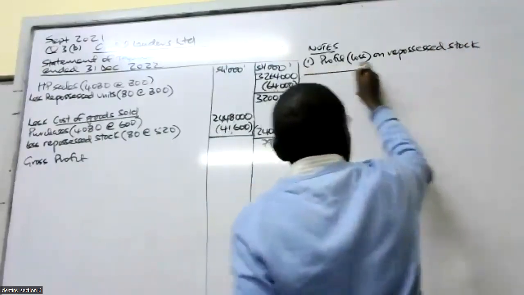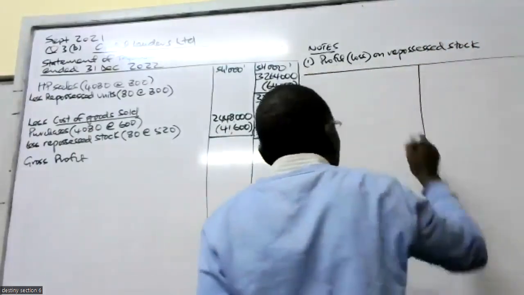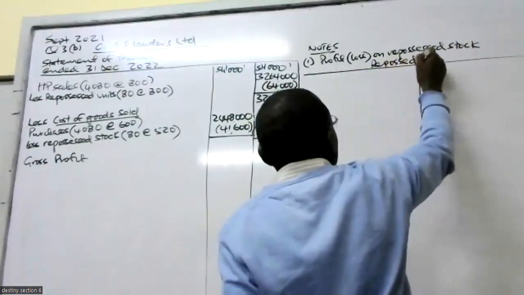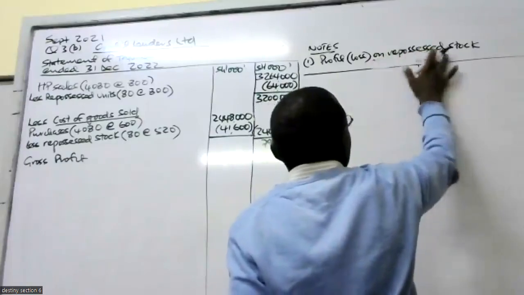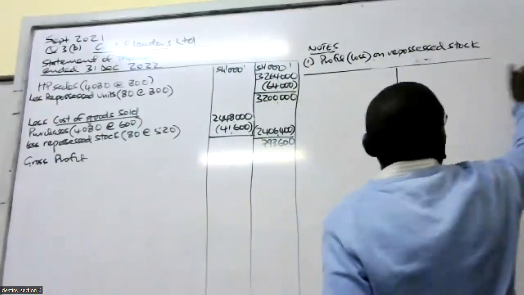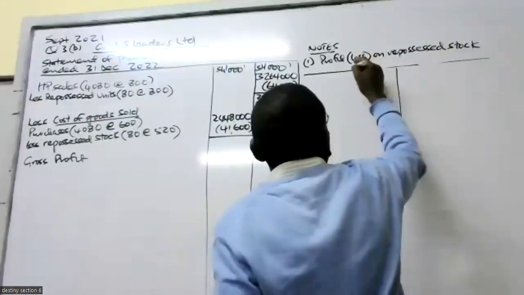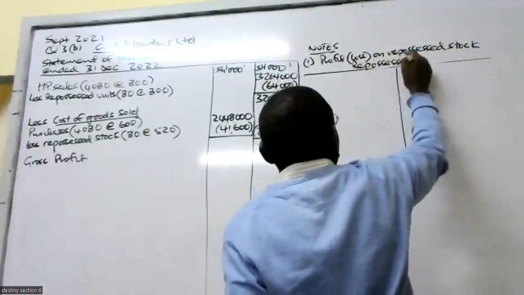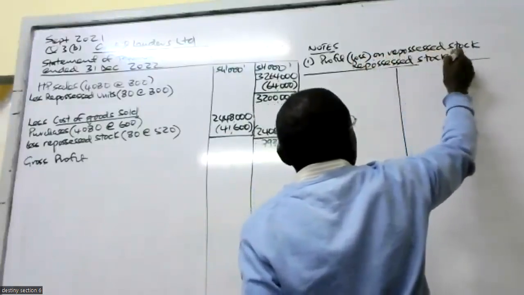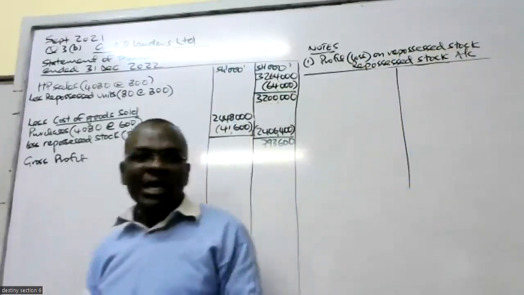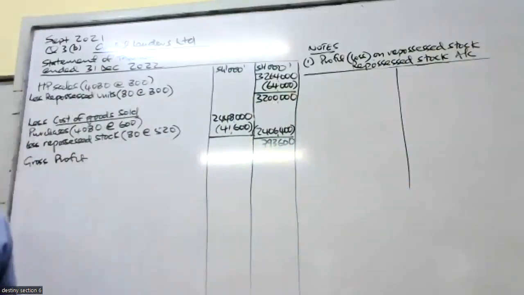For that, we'll open a T account for repossessed stock. We are looking for profit or loss on the 80 units.